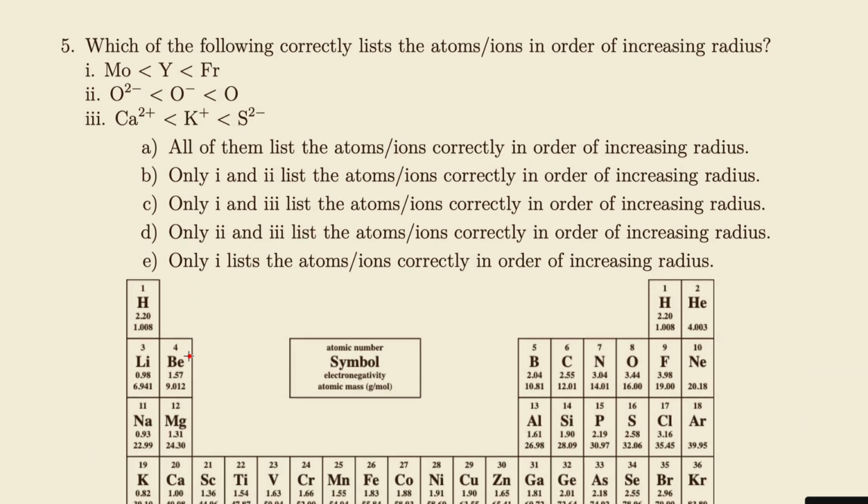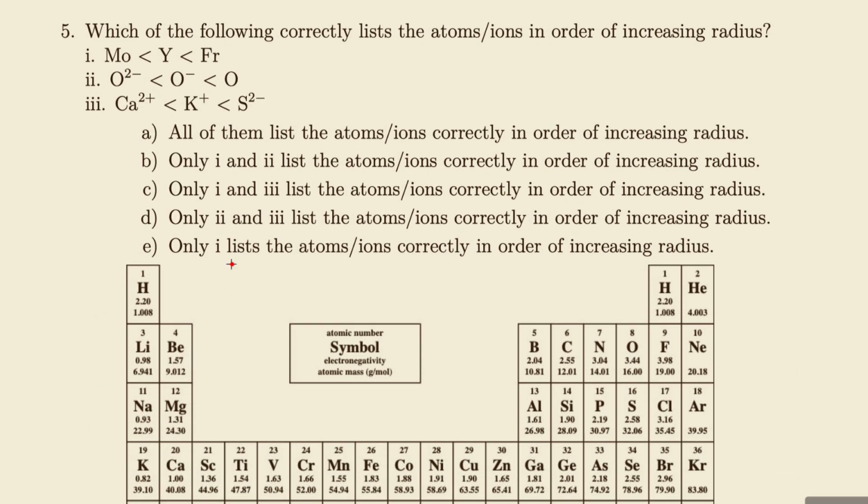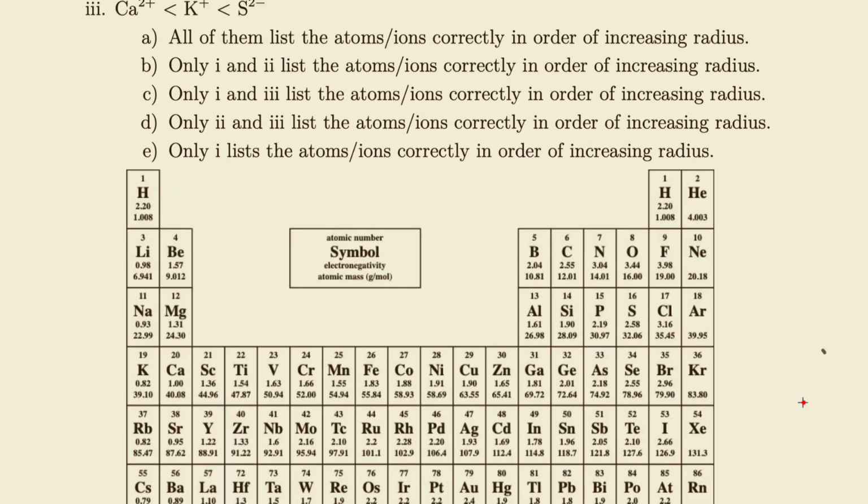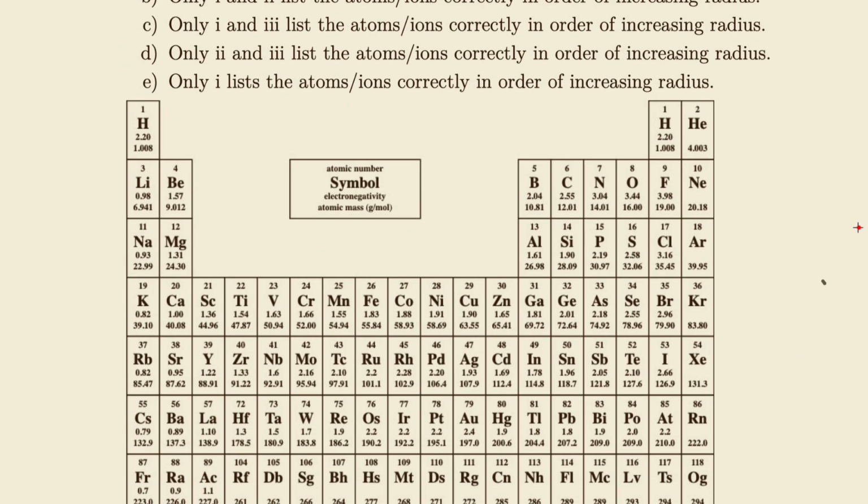If we look at another question, which of the following lists atoms, ions in order of increasing radius? Again, we can do the first one in terms of the periodic trends. So we have molybdenum, yttrium, and francium. So francium, yttrium, and molybdenum.